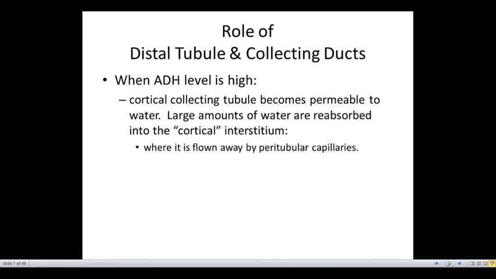The fact that large amounts are reabsorbed into the cortex rather than into the renal medulla helps to preserve the high medullary interstitial fluid osmolarity.